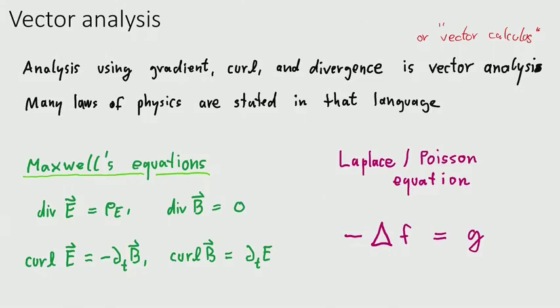We've got the electric field E. E is the electric field. And B is the magnetic field or magnetic flux. Let's call it magnetic field for the time being, for simplicity. Physicists might object, but for simplicity, let's call it the magnetic field.